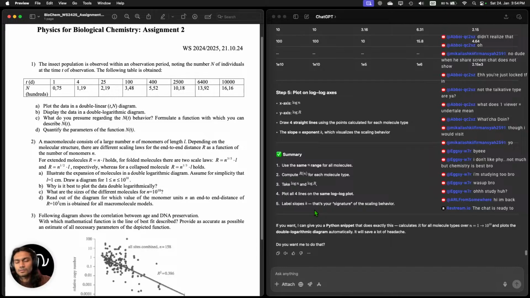N is common for all. Log of R is gonna keep on changing. Do I have to do all the log?